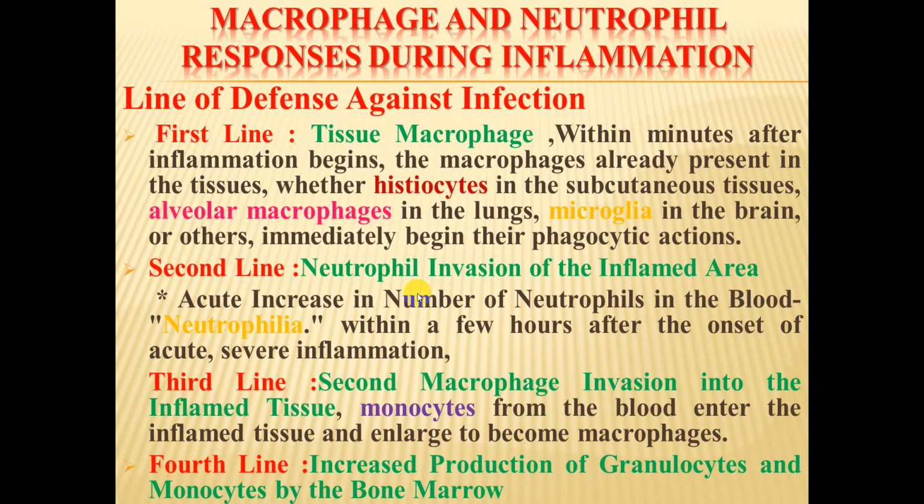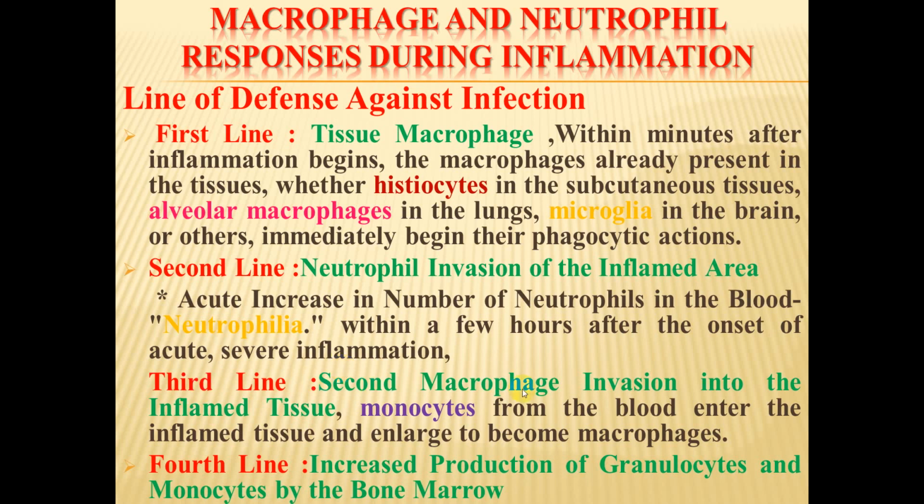Neutrophilia means increased number of neutrophils within a few hours after onset of the acute or severe inflammation. راح يصير عندنا response the bone marrow to increase number of or releasing more number of the neutrophils حتى تساعد tissue macrophage in the destroying of the foreign body.